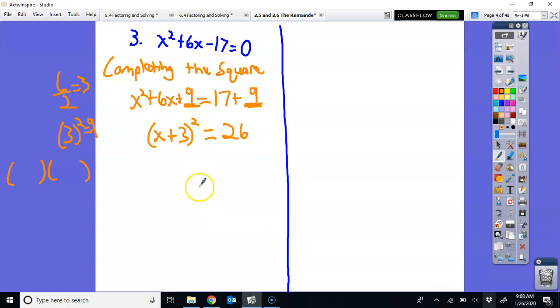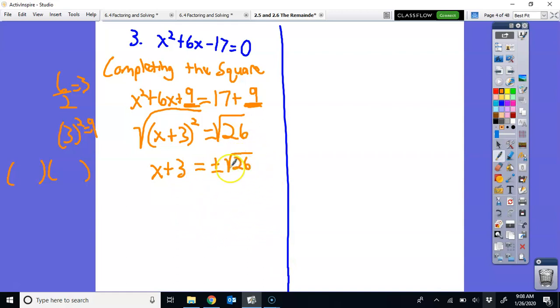But the whole purpose for completing the square, this is what we do to make it be a perfect square. The whole purpose is now I can solve this thing using square roots kind of like we did on the other ones. So we take the square root and we get x plus 3 because it's a perfect square equals plus or minus the square root of 26. Now, again, I'm not going to do a whole entire review on radicals.